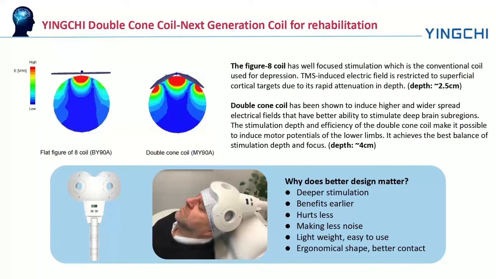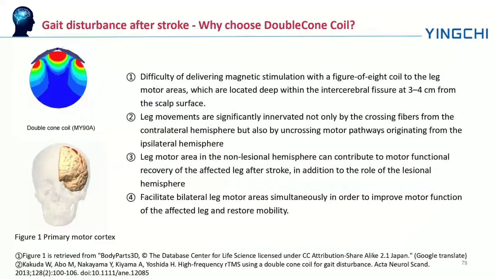Because besides the deeper stimulation, it can help patients hurt less and benefit earlier: it is lightweight, has less noise, and its shape makes better contact with the patient's head. So why can it help patients benefit earlier?